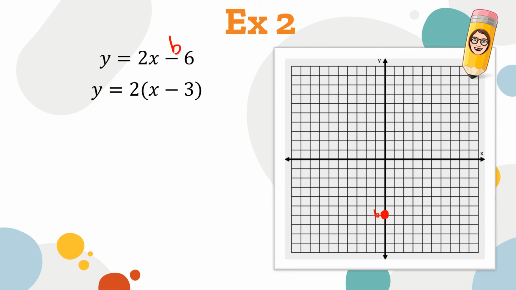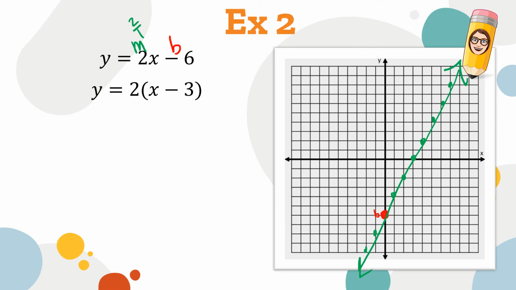And from there, I have a slope of 2, which means rise 2, run 1, right? 2/1, rise 2, run 1, and repeat. And I'm going to go the other direction. And so I want to try to connect these dots. Possibly if you have a straight edge or the edge of a notebook, you could use that to make your line better.